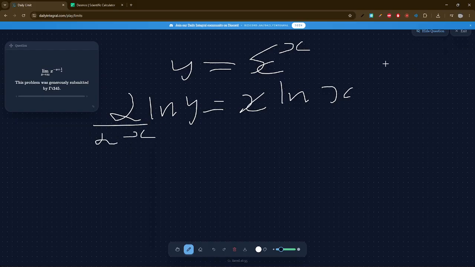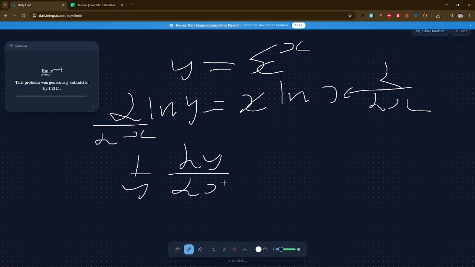you do d over dx on both sides, and then you do the chain rule. The chain rule makes it 1 over y times y prime, which is just dy/dx, and the derivative of the right side is 1 times ln of x plus x times 1 over x, which is just 1.